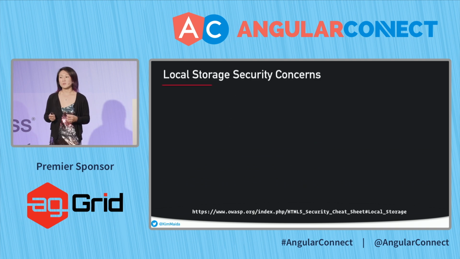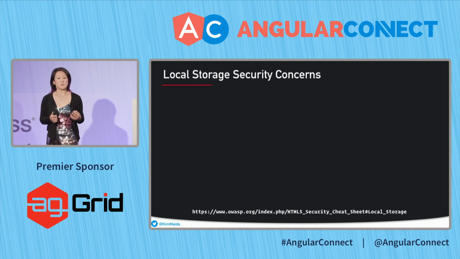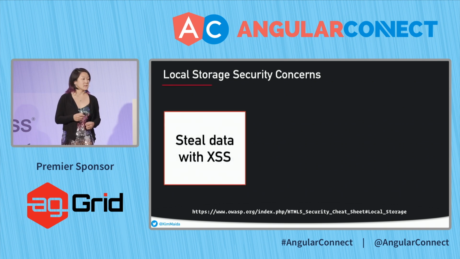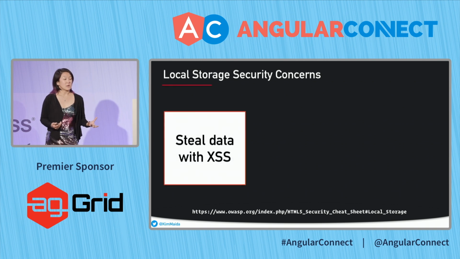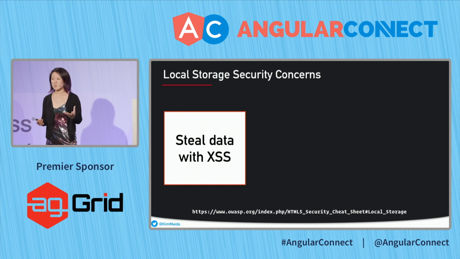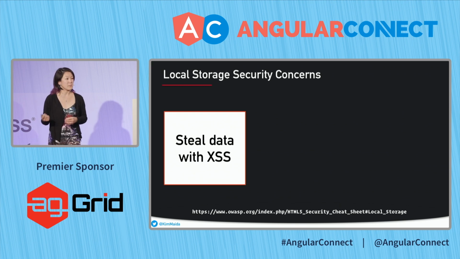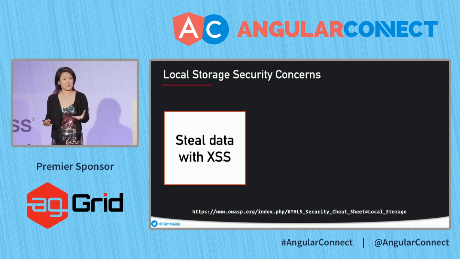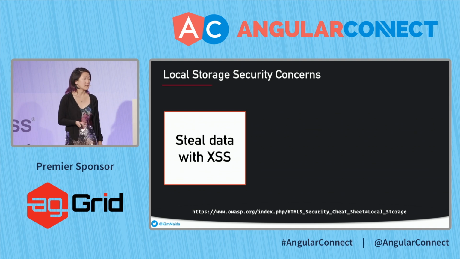So here are some of the concerns that we would need to keep in mind when we put something into local storage. For one thing, local storage is accessible to any JavaScript that's running on the page, which means that with something like a cross-site scripting attack, if you have a malicious script on your page or a compromised third-party script, then it could read the local storage object and steal anything contained within it, which could be something as sensitive as a token that gains users access to your APIs.